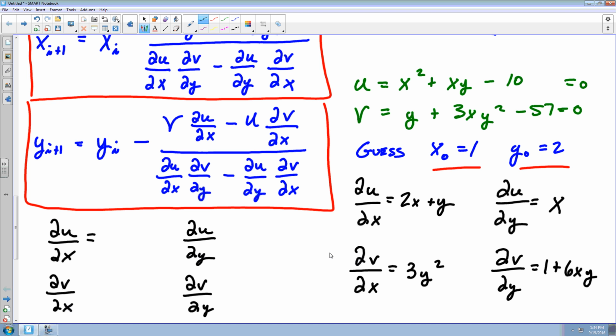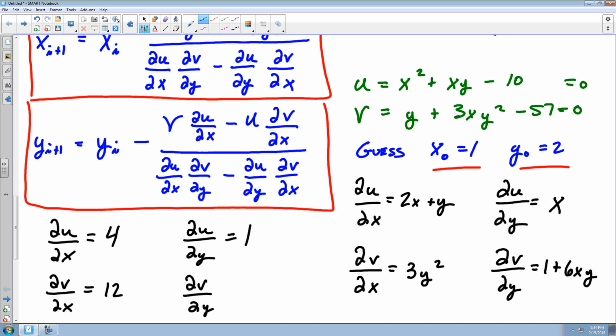If x is 1 and y is 2, then that sure looks like 4 to me. Partial u with respect to y is x. Well, that's just 1. Partial v with respect to x is 3y squared. Y is 2. 2 squared is 4. 4 times 3 is 12.